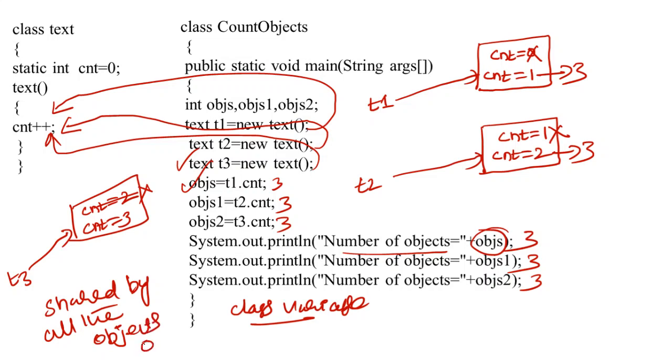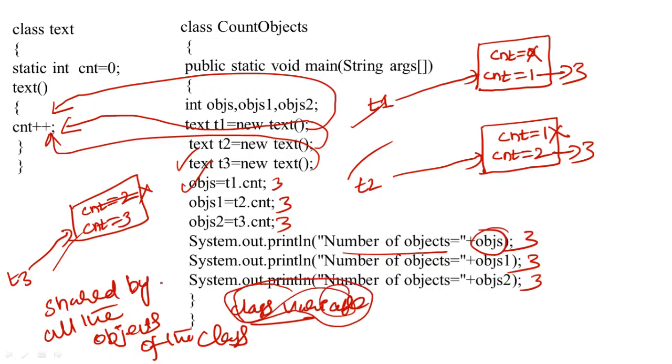How many objects are there? t1, t2, t3. All the objects will share the same value. You cannot see different cnts in different objects. That is the reason a static variable is called a class variable.